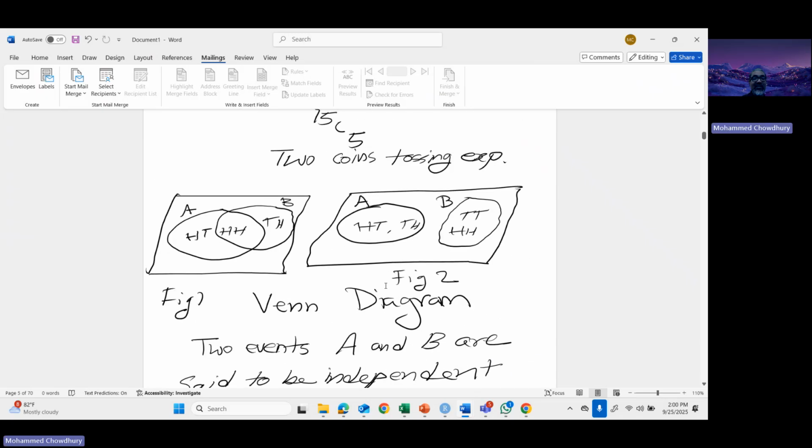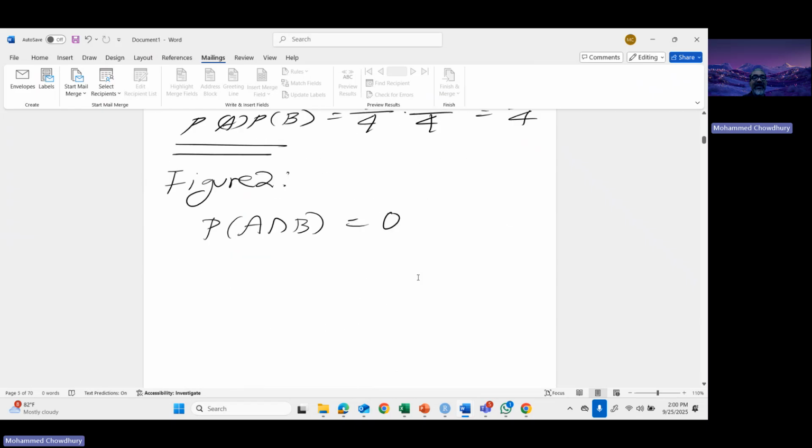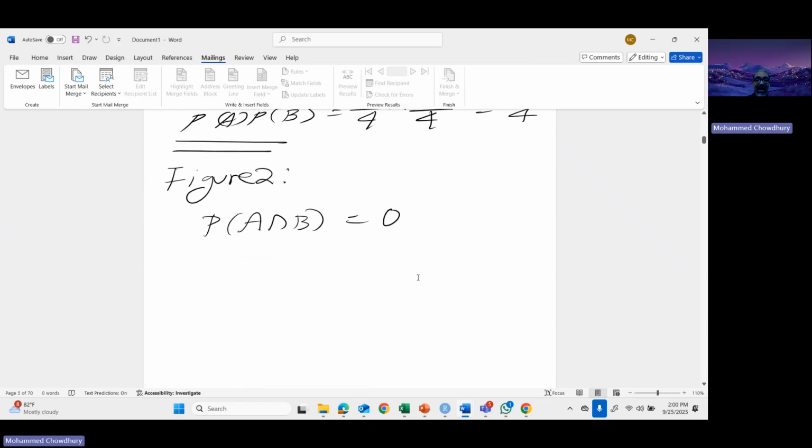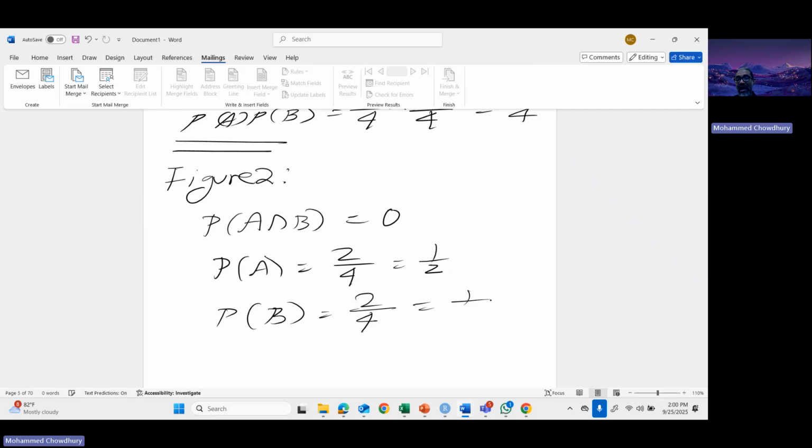No, so the probability equals 0. Now the probability of A in figure 2 equals 2/4, which is half, and the probability of B is 2/4, which is also half. Clear?